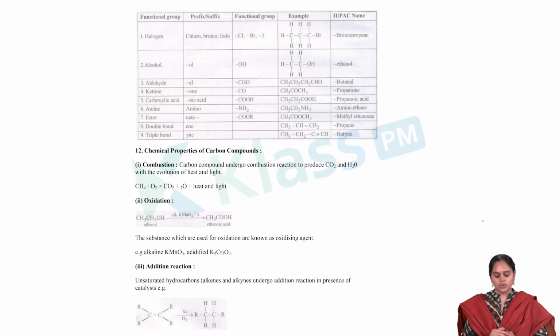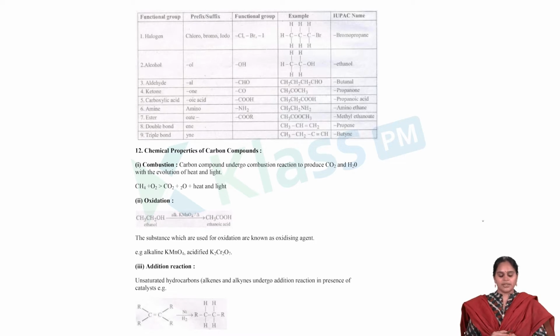The substances which are used for oxidization are known as oxidizing agents. The examples of oxidizing agents are alkaline KMnO4 and acidified K2Cr2O7. These are the oxidizing agents.